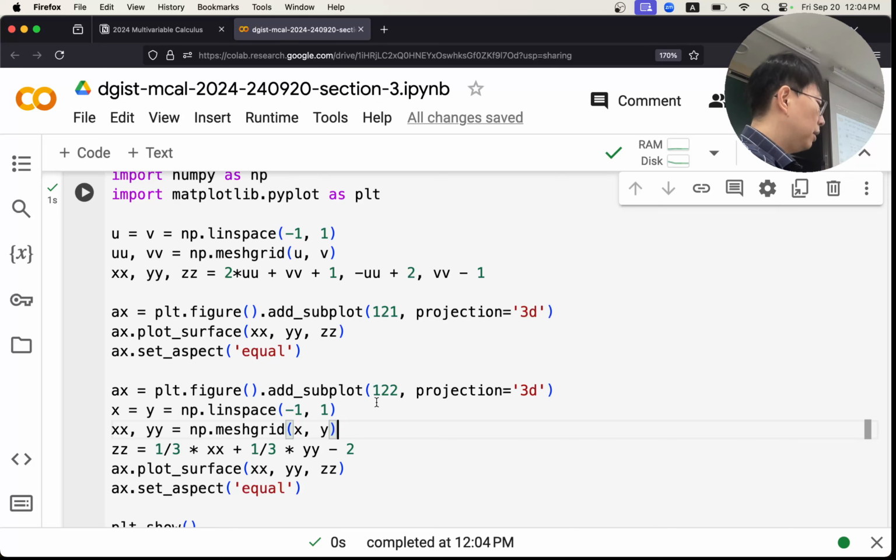That gives you the scale of each vector, v1 and v2. The second one, you're looking as if from the top. So you parameterize the surface in terms of x and y, and you only measure the height of the point on the plane. So that's why it looks different.